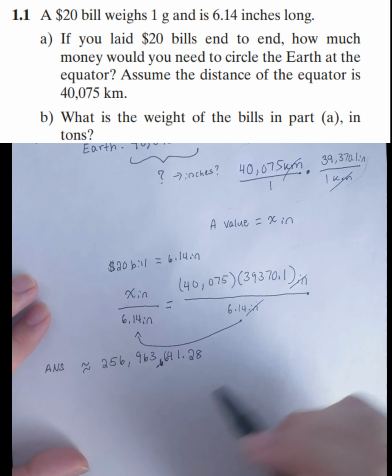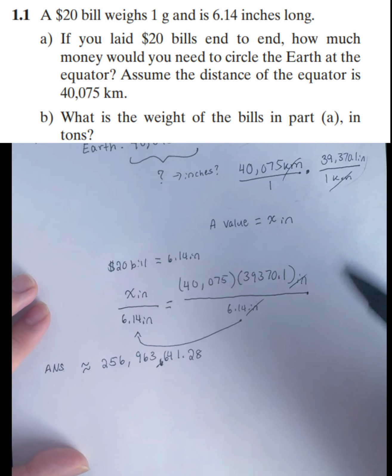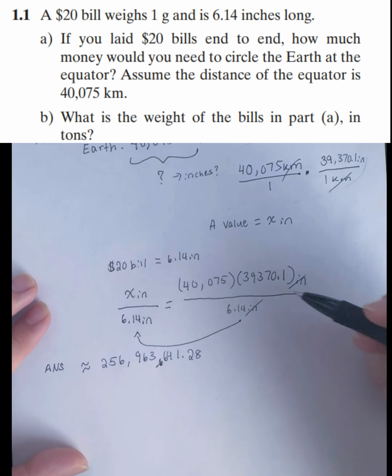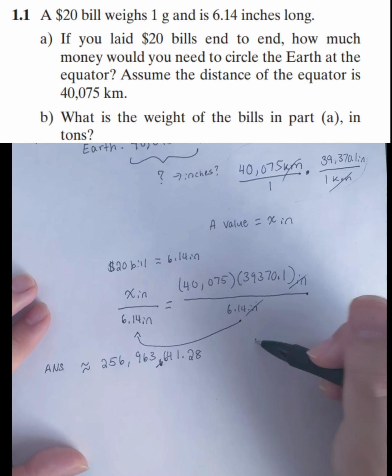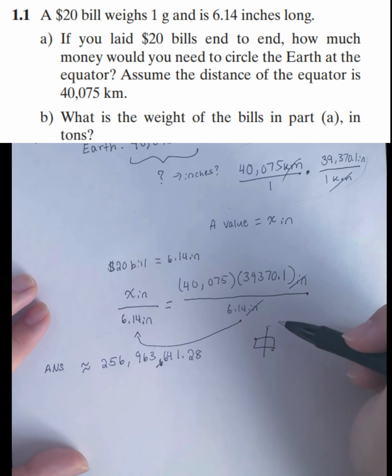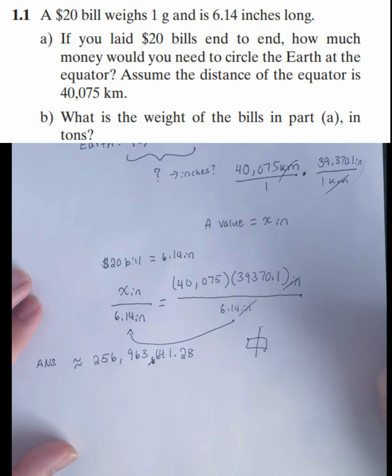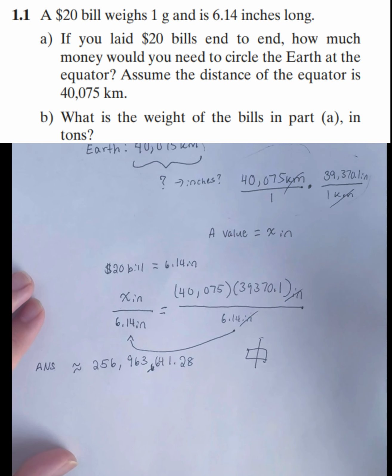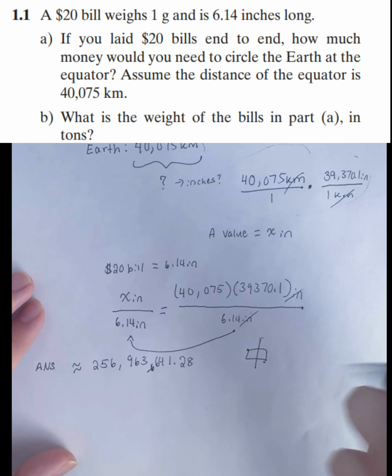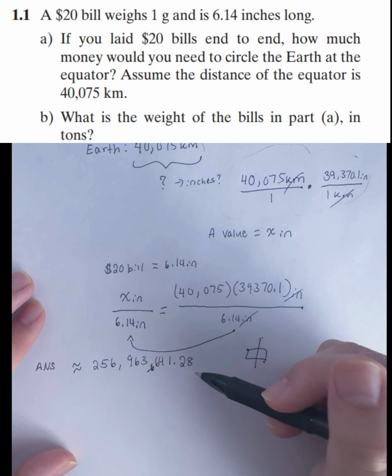We want to cover the entire Earth, and it makes no sense to cut 28% of a $20 bill. So in order to respect the $20 bill and use some logic, we're going to round this up.